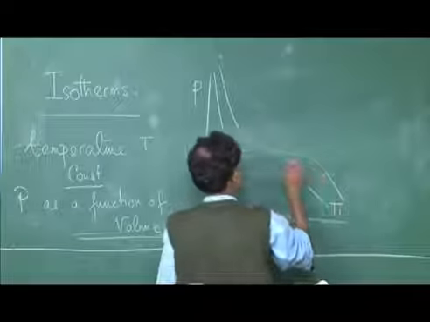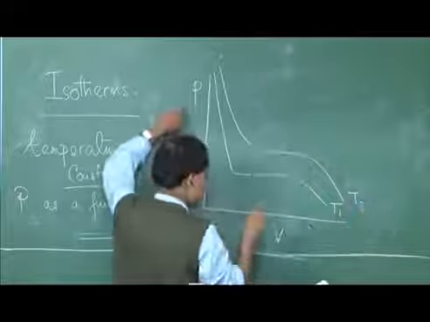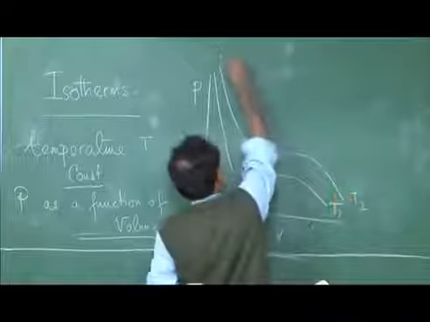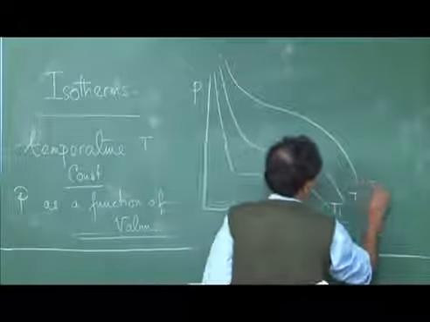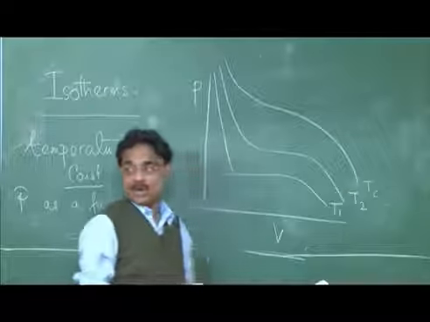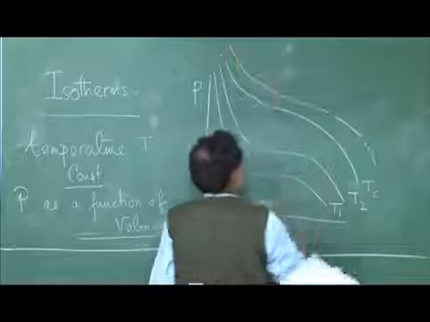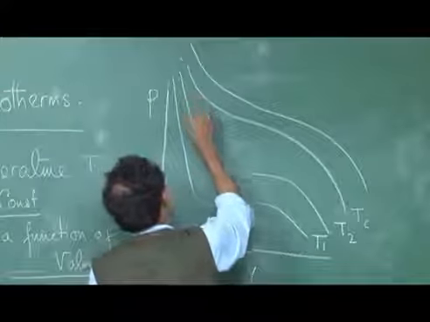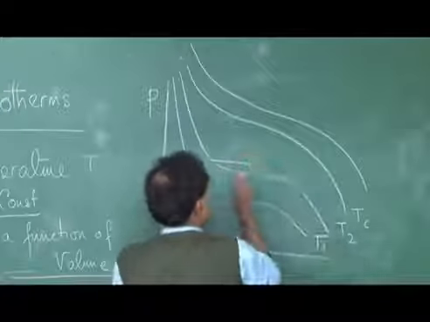This is for a temperature, let us say T2, pressure as a function of volume, this is T1, T2. Let me plot some particular temperature, I am calling it Tc, or the critical temperature, and above this, this is my curve. Now see, let me make this curve slightly more realistic.